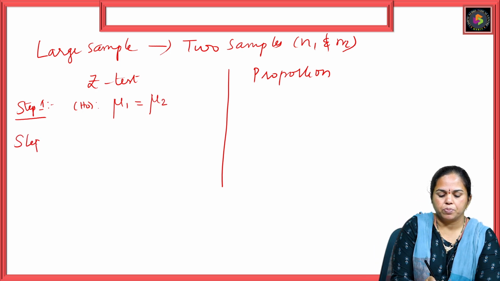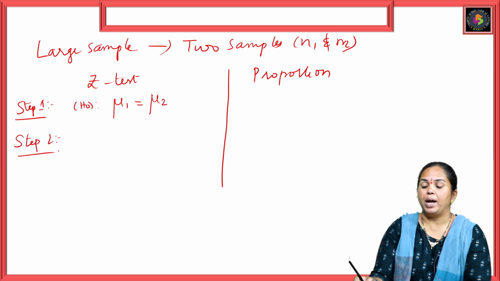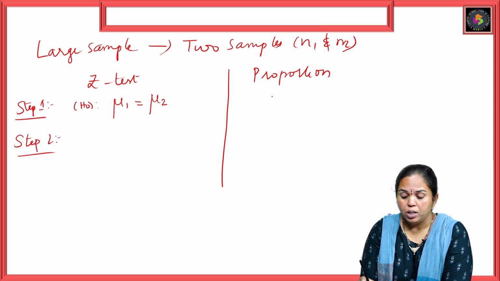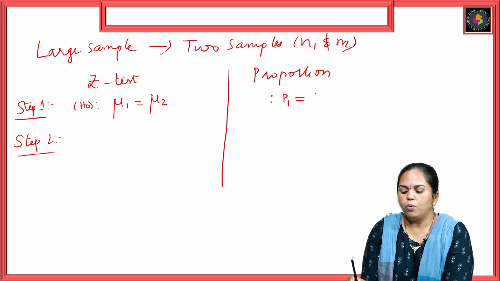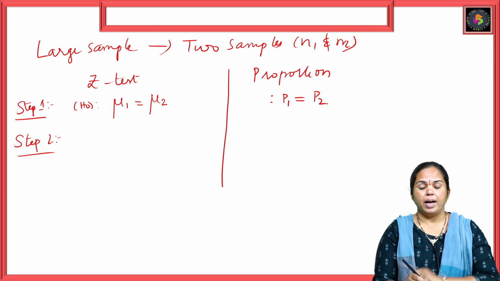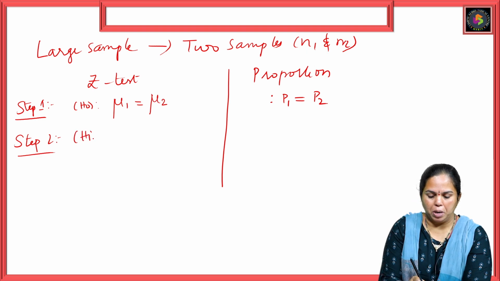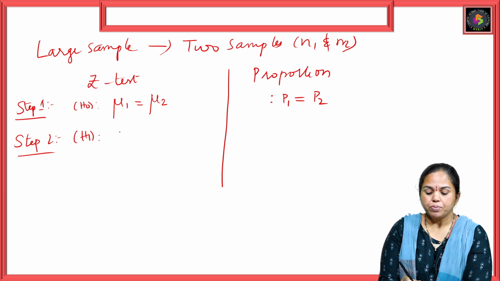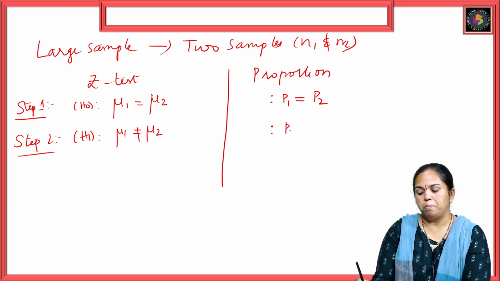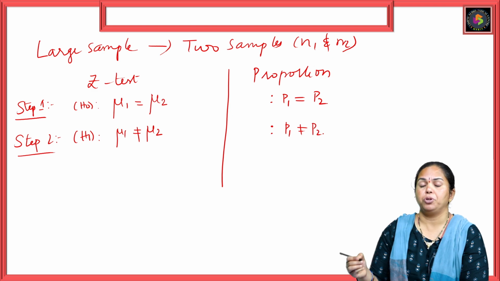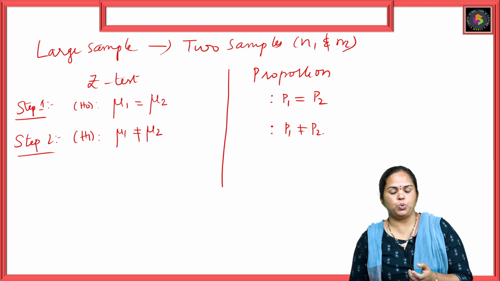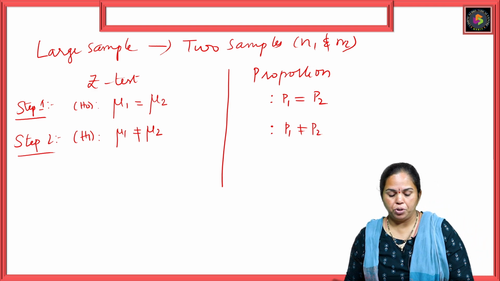Next, step 2. And here when we come with the proportion, P1 equal to P2. And next, step 2, alternative hypothesis H1, mu1 not equal to mu2, and proportion P1 not equal to P2. So in most cases we get mu1 not equal to mu2.